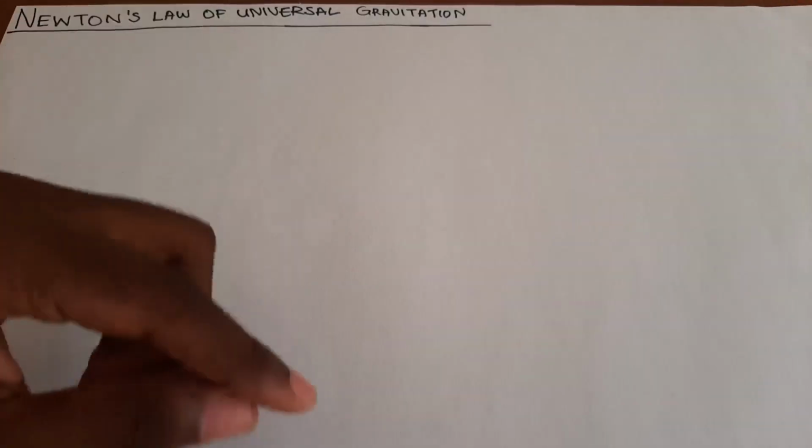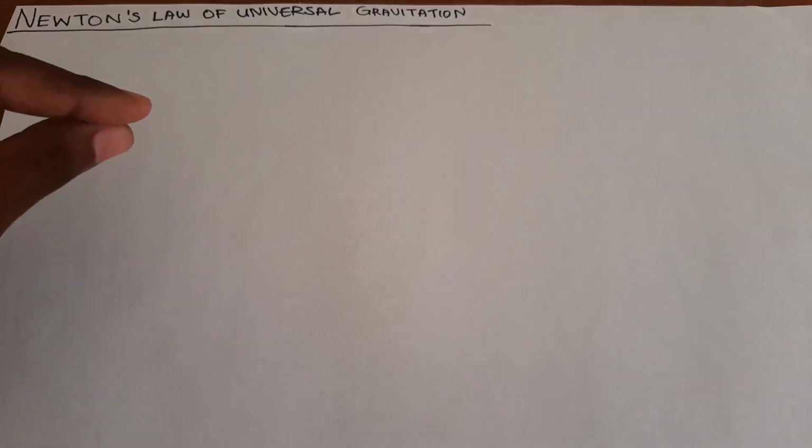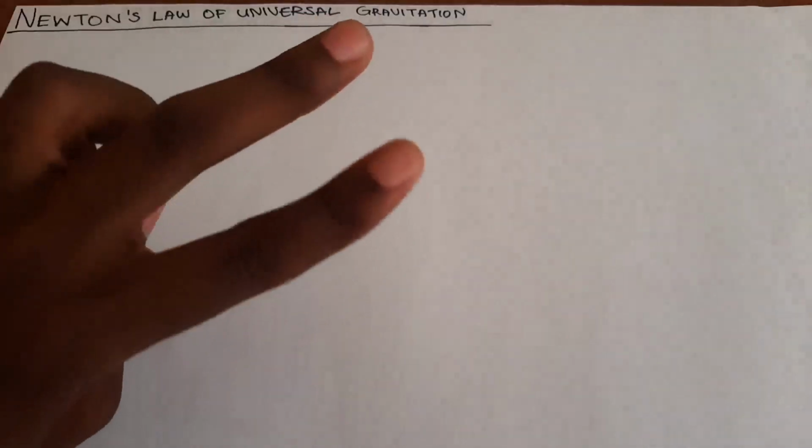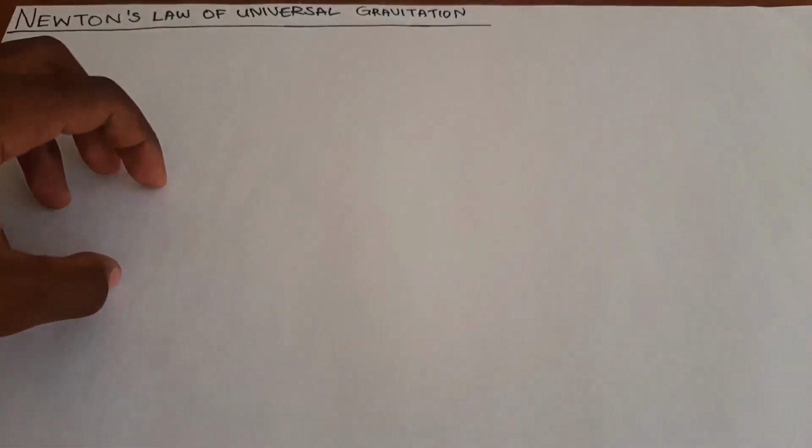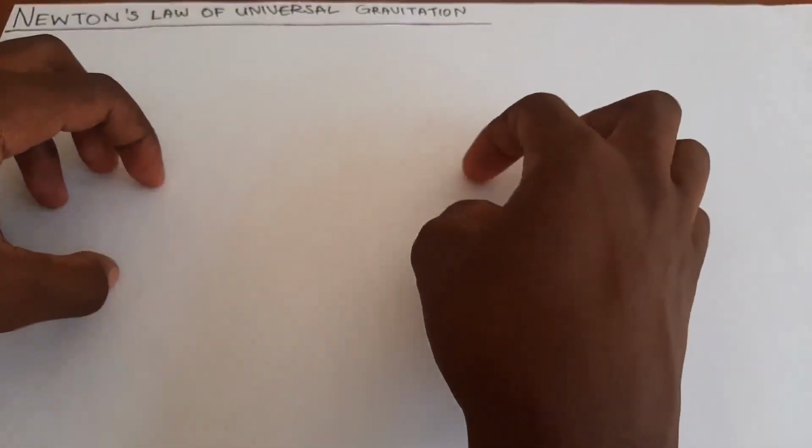So what does Newton's law of universal gravitation state? It states that every point mass attracts every other point mass by a force directed along a line connecting the two. Meaning we have an object here and another object here.